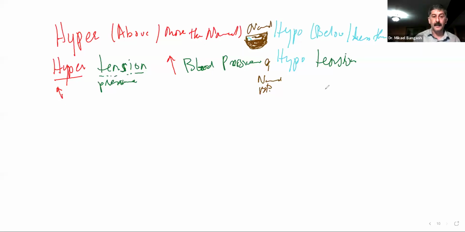Good. Now let's look at some other words. Please keep in mind, guys, although I may just mention only the hyper, not the hypo, that doesn't mean that you can only have the hyper and not have the hypo. Let me start off with the easy ones first.